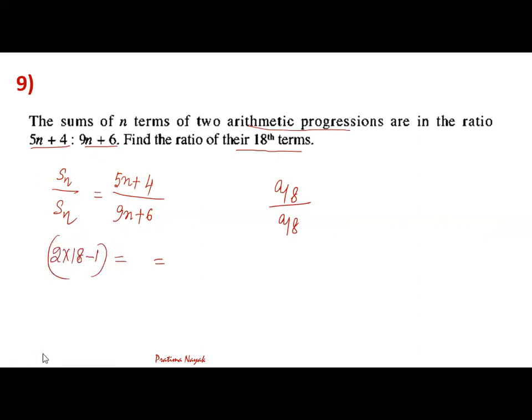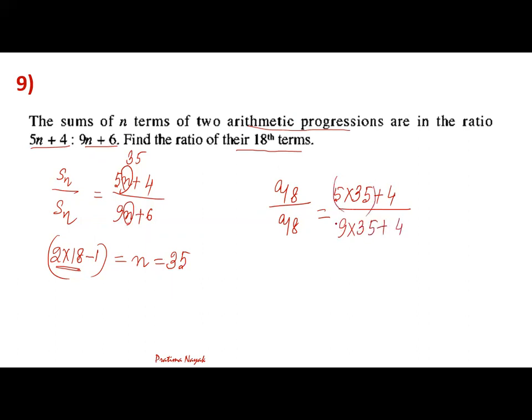Put in place of n, 36 minus 1, which is 35. So this will be 5 into 35 plus 4 upon 9 into 35 plus 6.